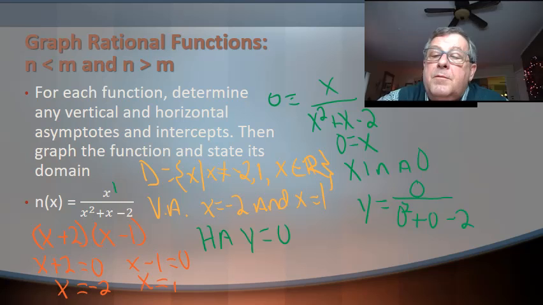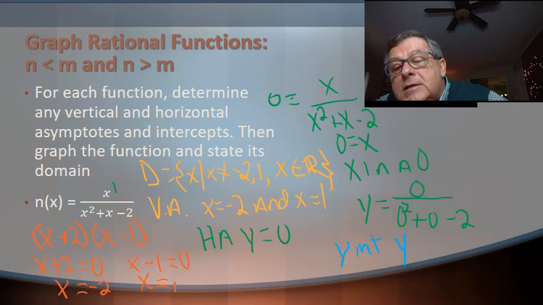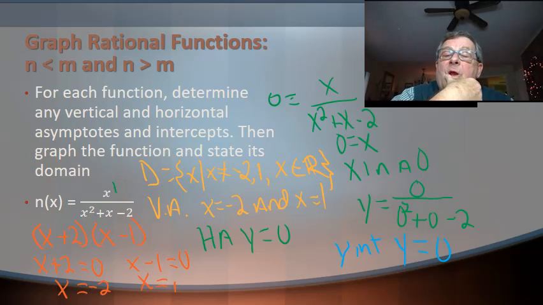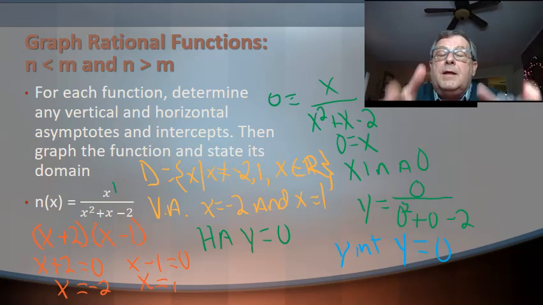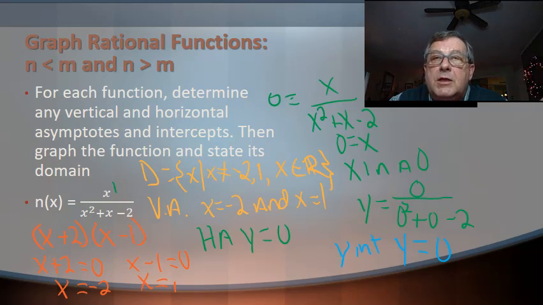That's going to leave me with 0 divided by negative 2, so I'm going to have a y-intercept where y is equal to 0. I'm looking for, probably in that middle section, a portion of the graph that is going to intercept right there at the origin, x equal to 0, y equal to 0. All right, let's go graph it and see what we got.